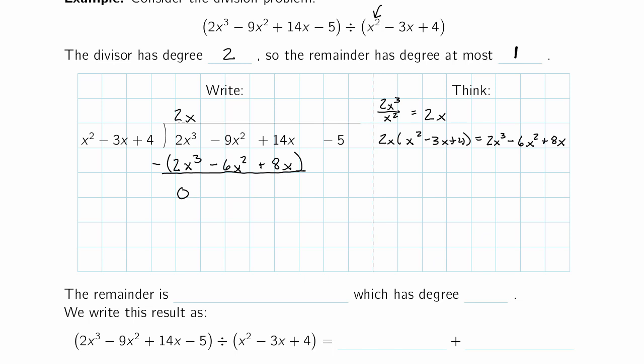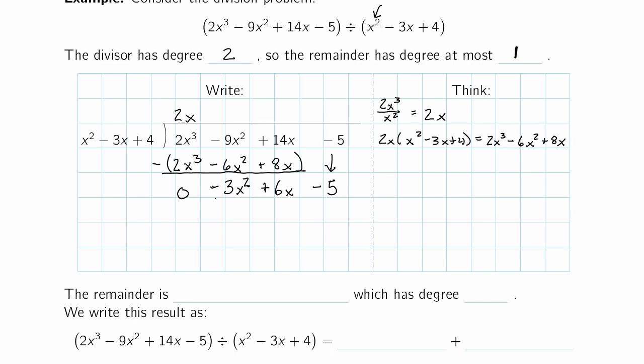Negative 9x squared minus negative 6x squared is negative 3x squared. Positive 14x minus positive 8x is positive 6x. Now we bring down the next term.